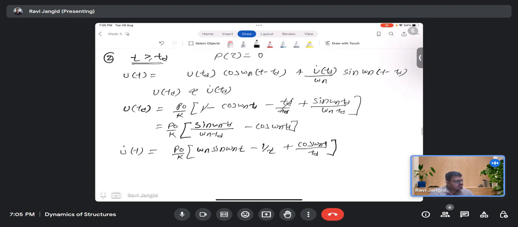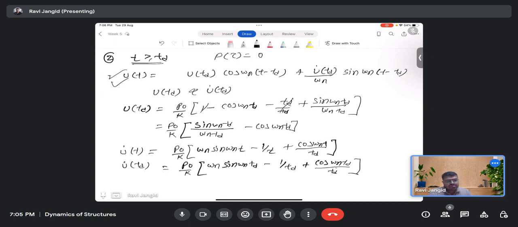And if I put t equal to td, I will get P naught by k, omega n, sine omega n td, 1 upon td plus cos omega n td over td. Now I will put this value in this equation.